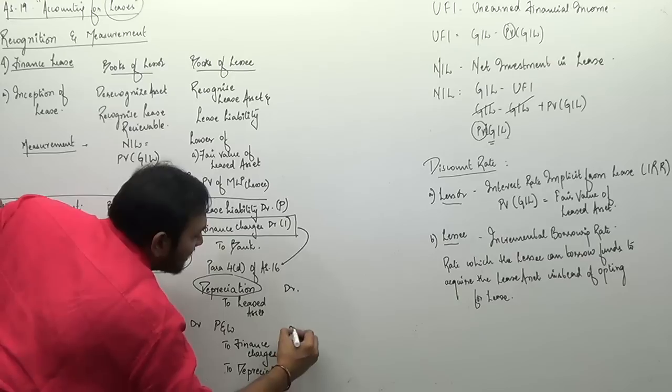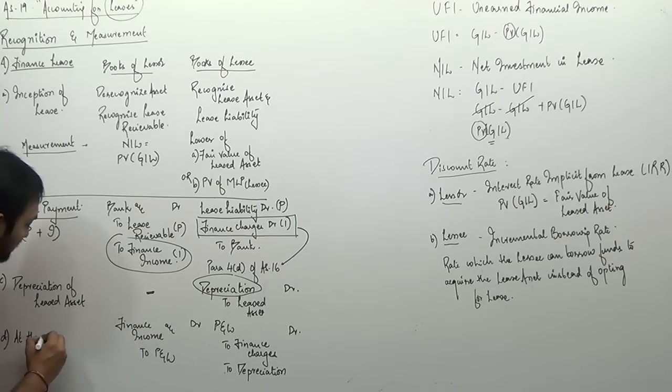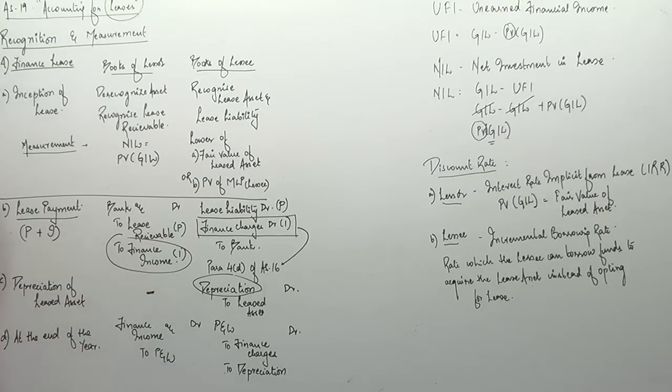Both the nominal accounts should be transferred to P&L. This entry should be at the end of the year, even for the depreciation as well. This is the recognition and measurement of finance lease.